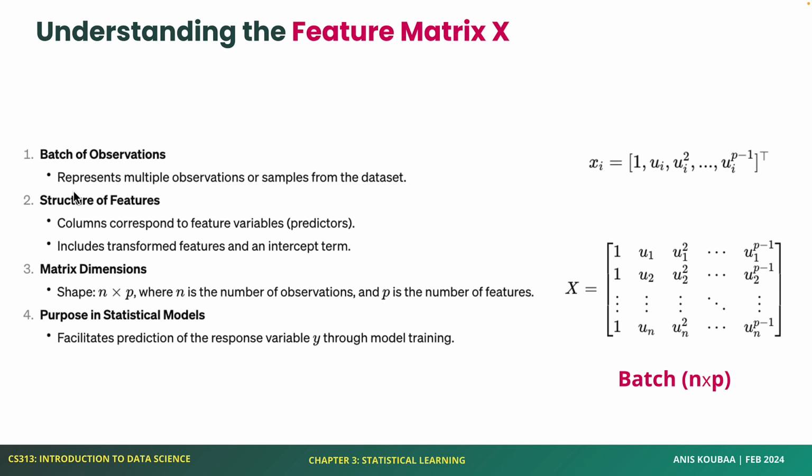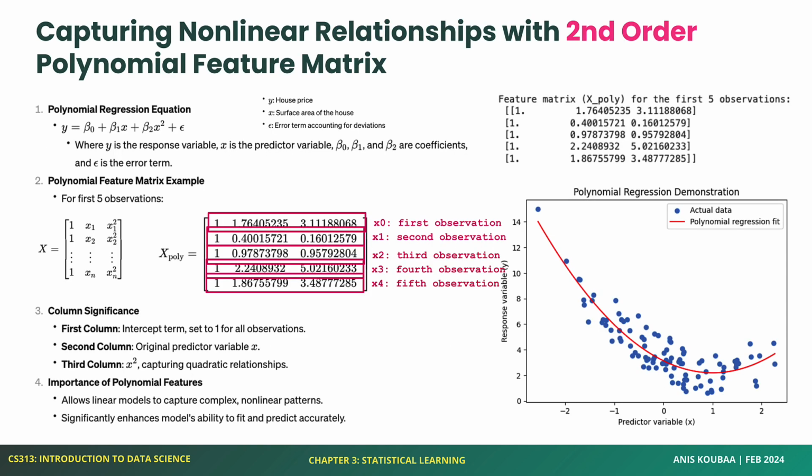And this is the benefit: representing multiple observations at a time actually facilitates the prediction and also facilitates the computation, to make the computation faster and more efficient. And let me explain it here.